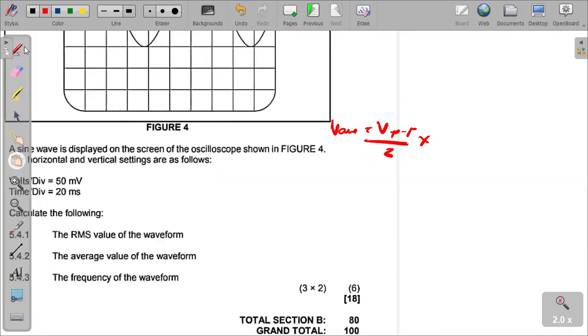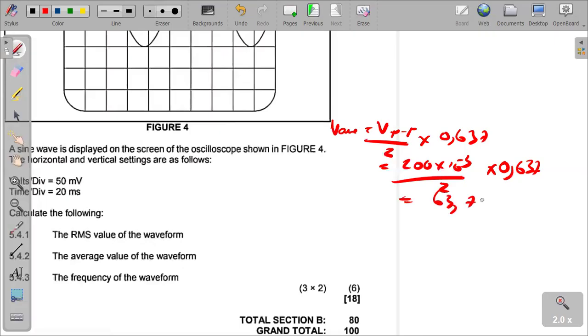We have already calculated V peak to peak, so we simply say 200 times 10 to the power of negative 3 divided by 2 multiplied by 0.637. So we get 63.7 millivolts. That's the average value of the waveform.